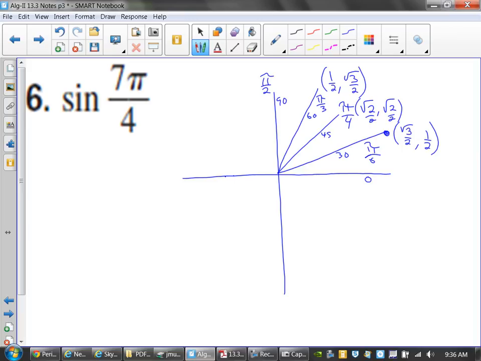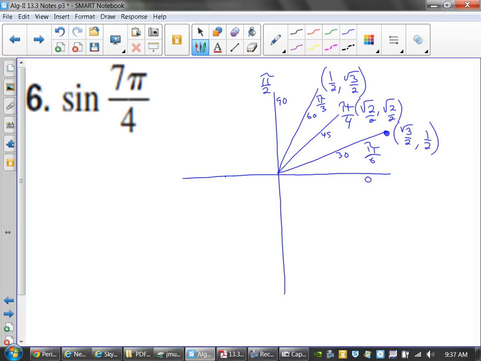After you do that, using positives and negatives where the sign changes in each quadrant, you know everything else. Everything else just mirrors itself off of that.